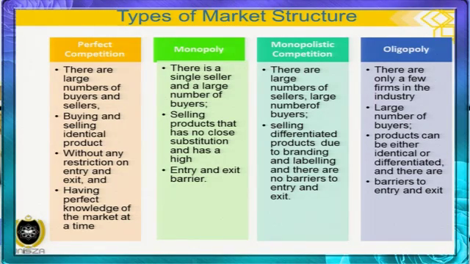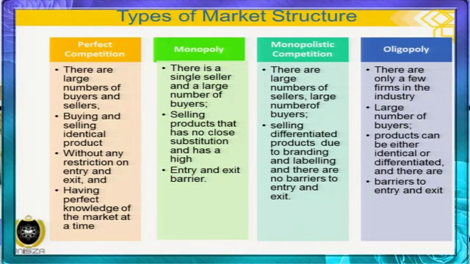Okay, we go for the perfect competition, where there are a large number of buyers and sellers that are buying and selling identical products, without any restriction on entry and exit, and having perfect knowledge of the market at a time. So each buyer and seller has no control over the market price. This means that each firm is a price taker that faces a horizontal demand curve for its product.